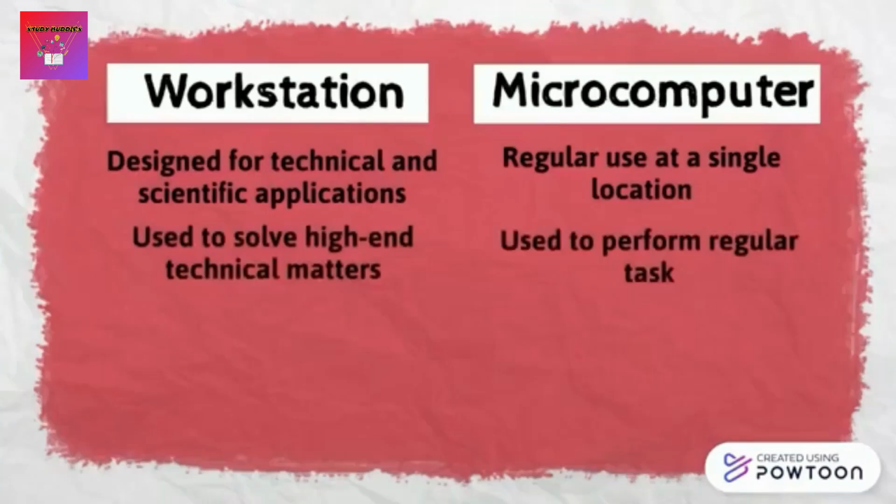Secondly, workstation is used to solve high-end technical matters such as mechanical designing, animations, engineering simulations, and etc. Meanwhile, microcomputer is used to perform regular tasks such as web browsing, word processing, gaming, and etc.